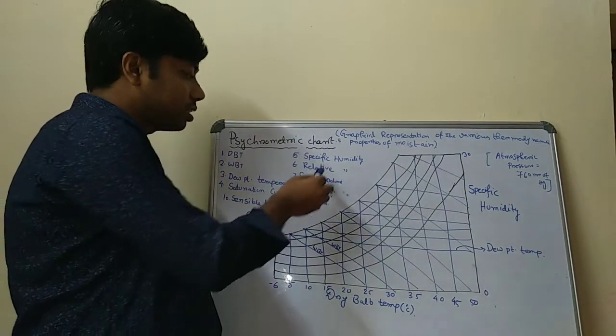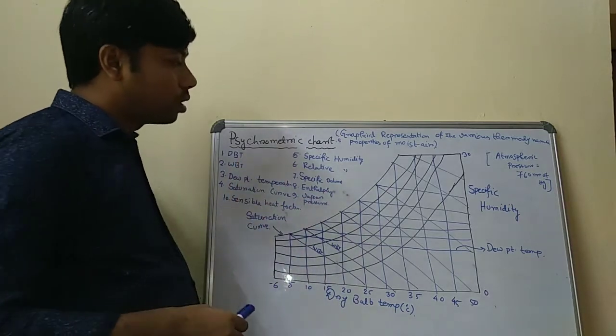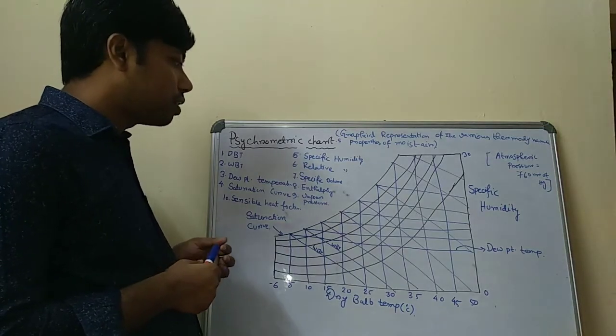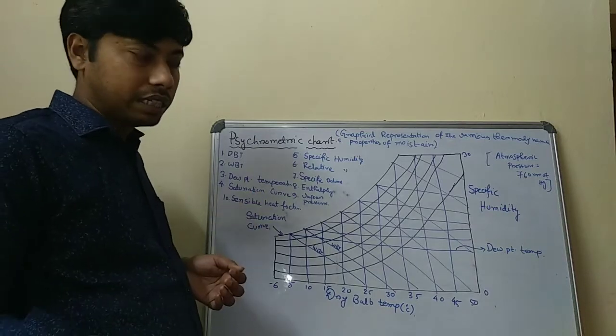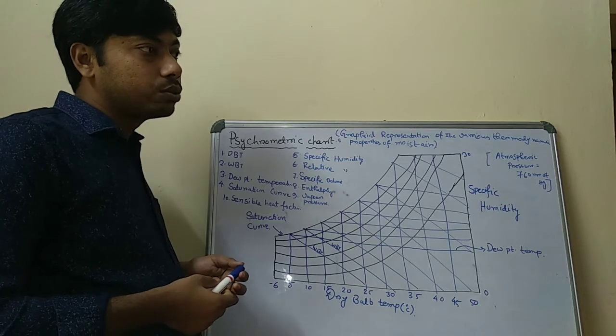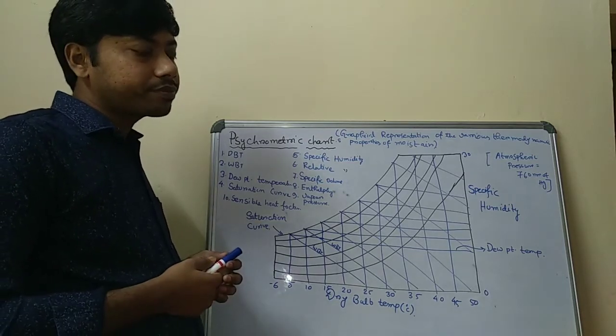All these things we have already discussed, that is, what dry bulb, wet bulb and dew point are. So now in this chart we are able to easily point out the dry bulb temperature and wet bulb temperature, and we can also calculate various thermodynamic problems.